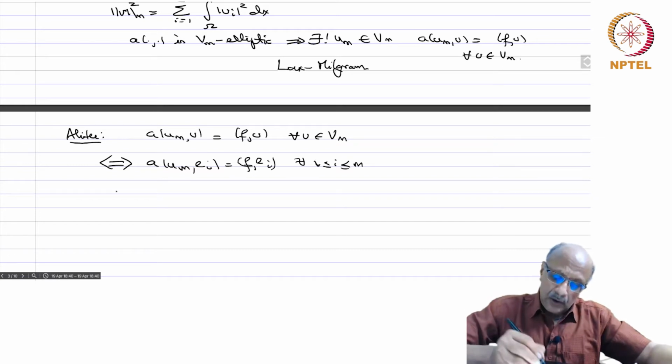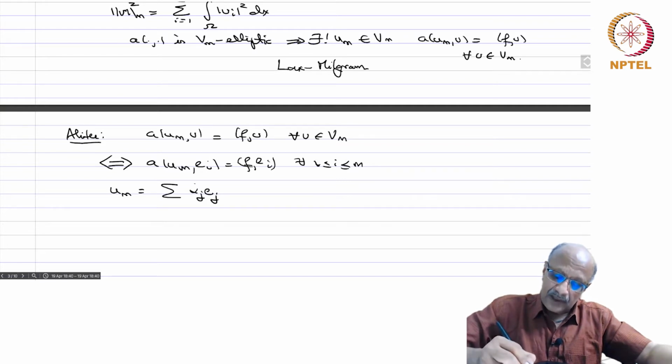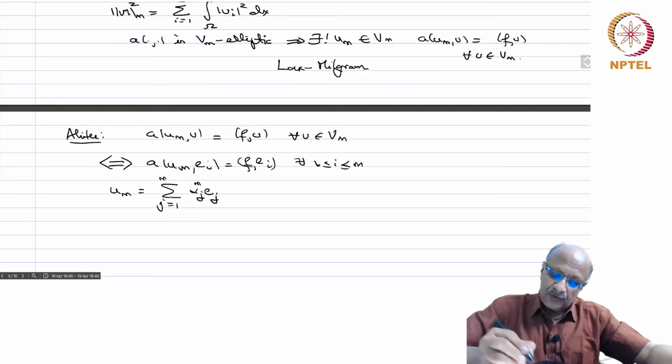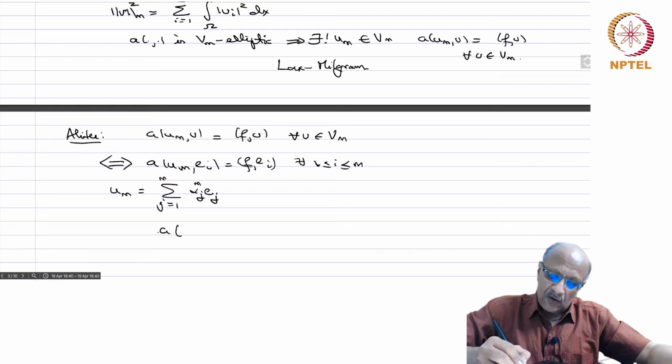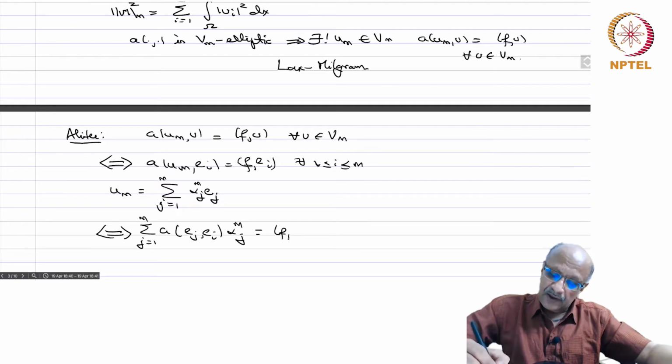Now u itself is a member of the vector space, so this can be written as u_m = sigma alpha_mj e_j, j equals 1 to m, and therefore if you substitute it here, you get sigma j equals 1 to m A(e_j, e_i) alpha_mj equals F(e_i), 1 ≤ i ≤ m.